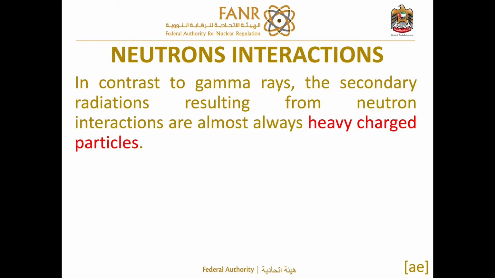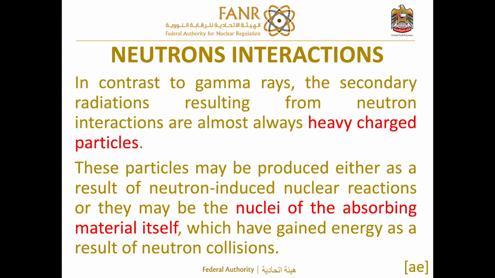What neutrons do in the interaction with nuclei is to generate heavy charged particles. They can come either from a nuclear reaction within the atom. So, for example, if a proton is emitted, kicked out of the nucleus by effect of a reaction induced by a neutron, this would be a highly energetic proton which will interact with the surrounding materials a bit like an alpha particle will do.